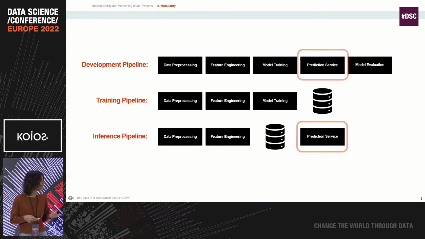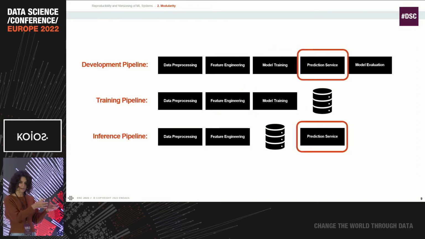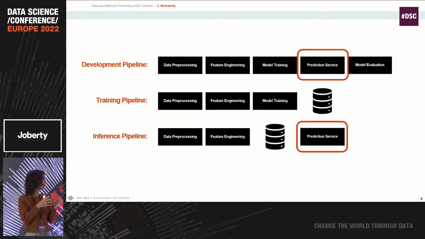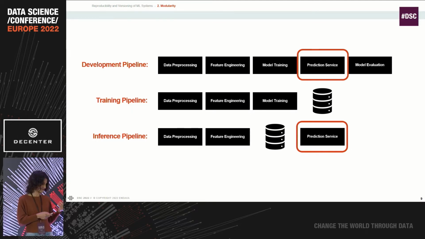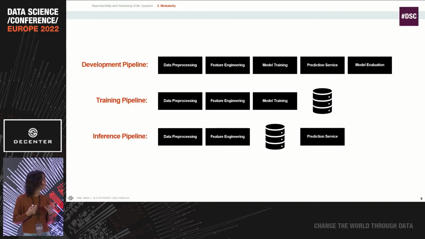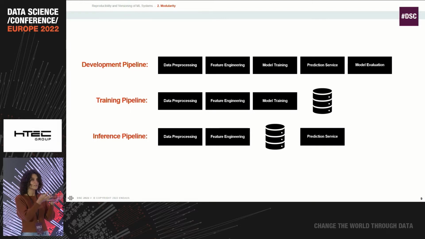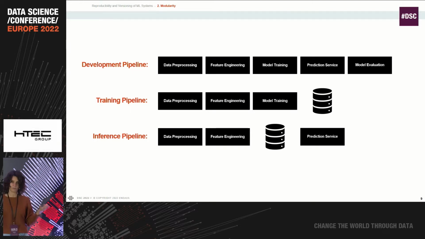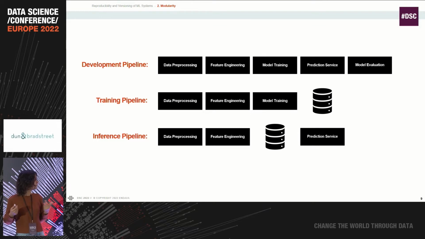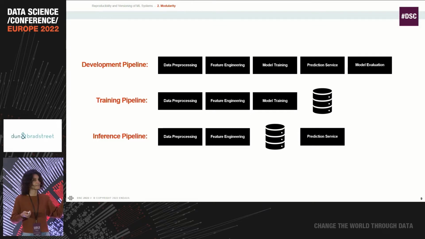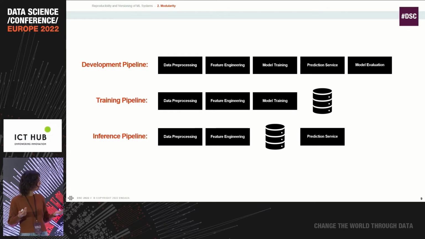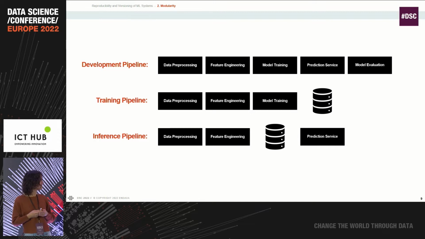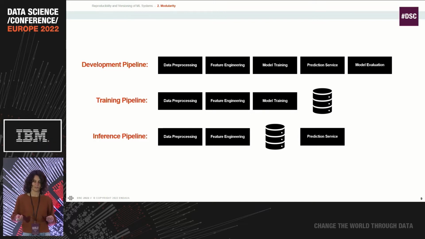Having the code modular, if we separate different parts of our pipeline into different components, whether with different modules or, say, if we're using a microservice-oriented architecture, this allows us to chain the same components in different workflows. So this is also one way to ensure that we are using the exact same feature engineering when we are developing the model and the same features that we are using in production.